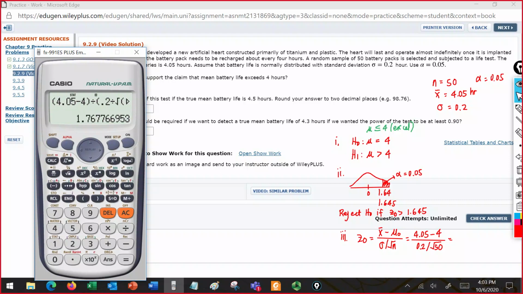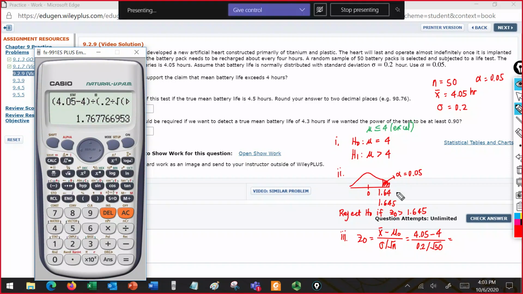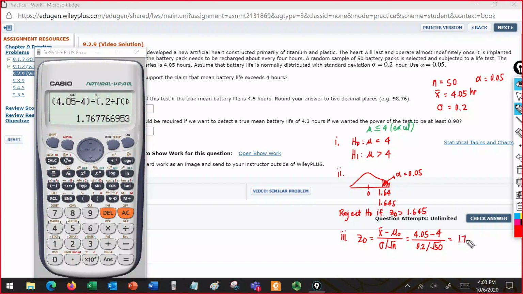It's 1.77. And 1.77 is greater than 1.645, which means the decision is reject H0.